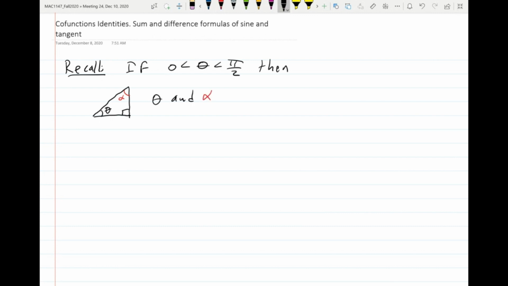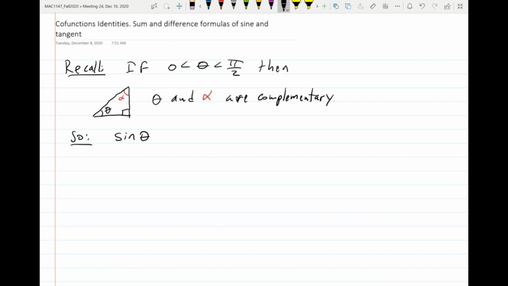In other words, they add up to 90 degrees. They are complementary. And we know also, the relationship between complementary angles is that the sine of one is the cosine of the other one. So cofunctions of complementary angles are the same.